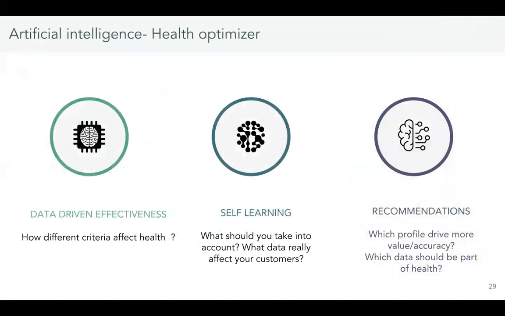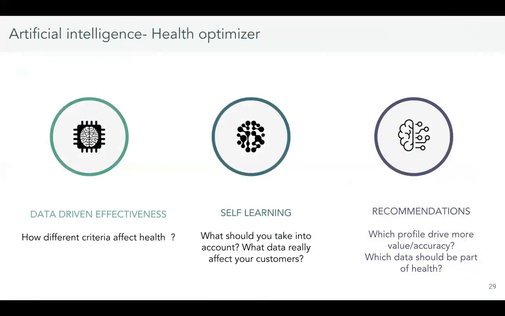Lastly, around AI, we would like to help you understand what's the best health profile that you have and how you can optimize it even more to make sure it helps you predict correctly churn or renewal. What we will do as part of our AI work is we will understand which elements have the most influence on churn, for example.